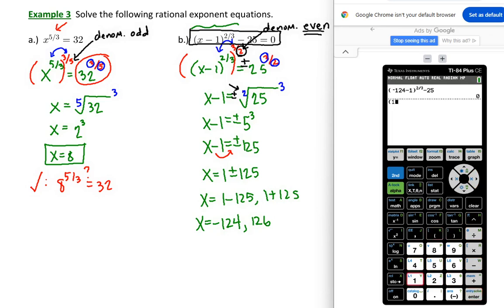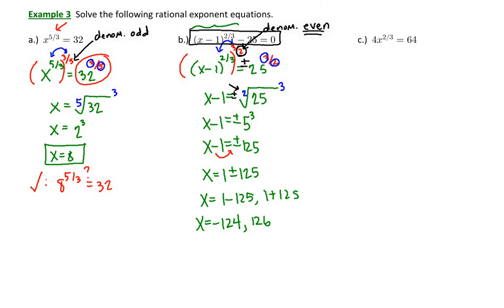Let's check our next solution. We had 126 minus 1 raised to the 2/3 power minus 25, and we have 0. So in this case, both of our solutions work. We'll include both of them in a set, negative 124 and 126.